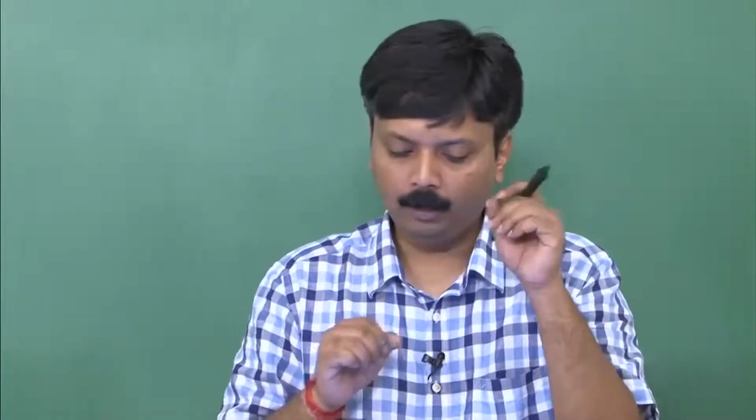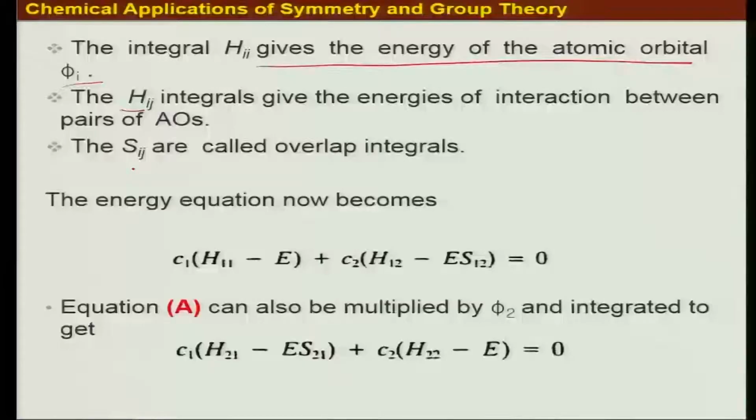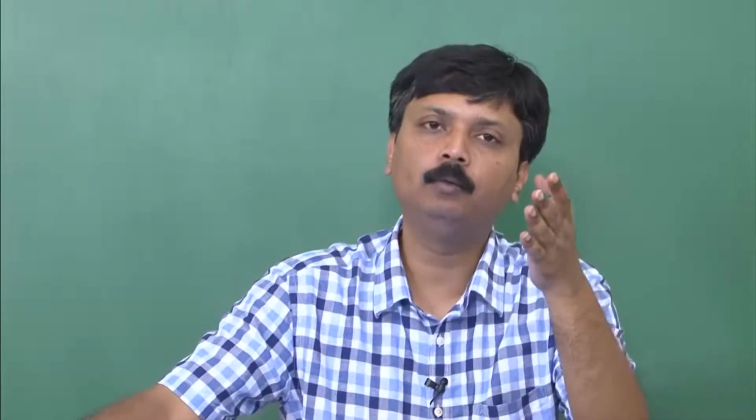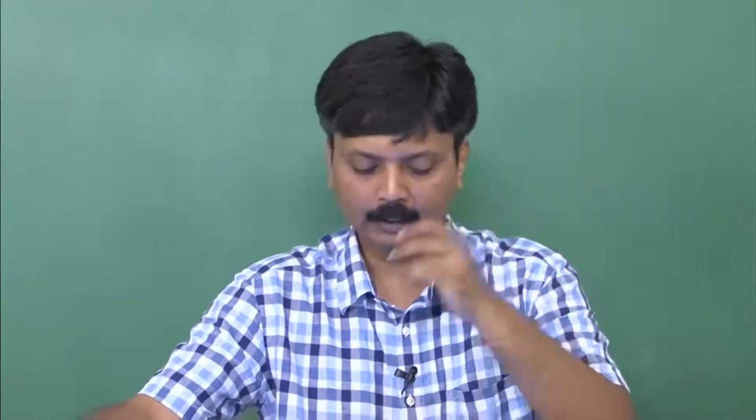So now I have the energy equation that I can write in this fashion, using those notations. I got this energy equation by multiplying the secular equation by phi 1 and integrating. I could also do the same thing with phi 2. That means I could multiply the secular equation by phi 2 and integrate over all space, and in that case I would get something like this.